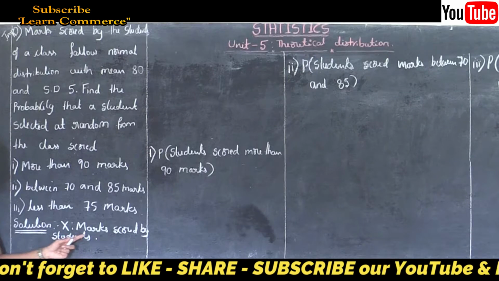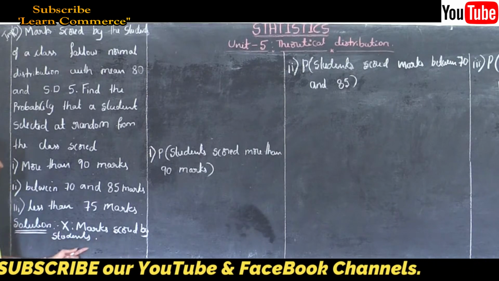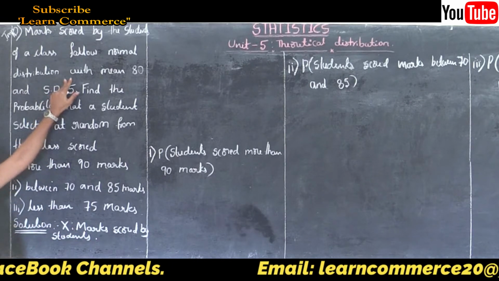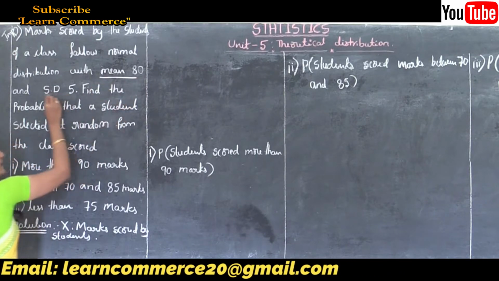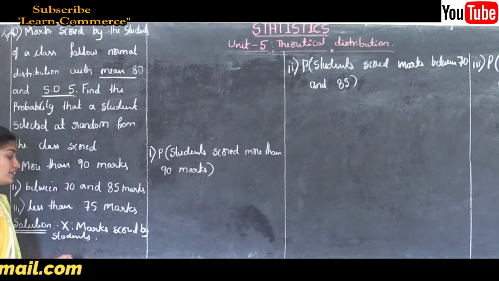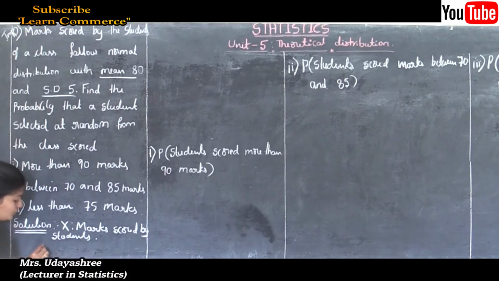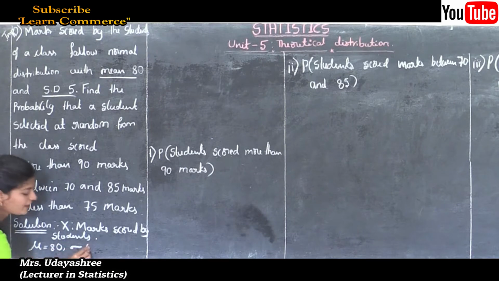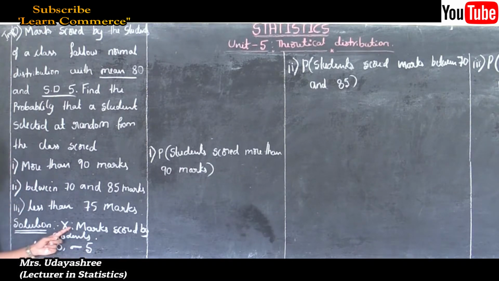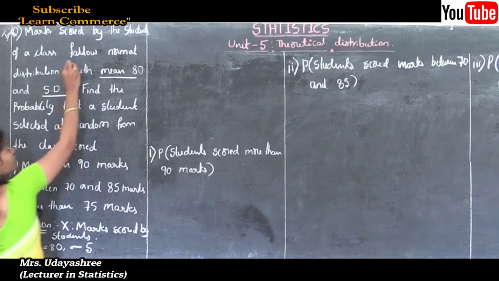The given observations are the mean and the standard deviation. Mean is denoted by mu, so mu is 80 and standard deviation sigma is 5. Now, since we know mu and sigma, x follows a normal variate.